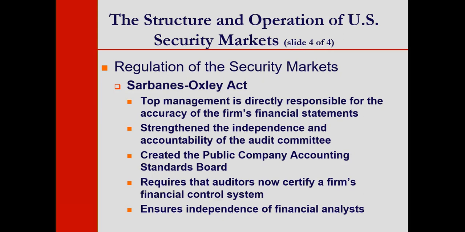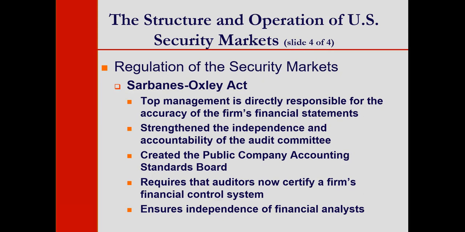So after that, this new act was passed, and according to this act, top management is held responsible for the accuracy of financial statements. Top management cannot say, oh no, we were not aware of it. They cannot just say that and get away with it. They are responsible for it.